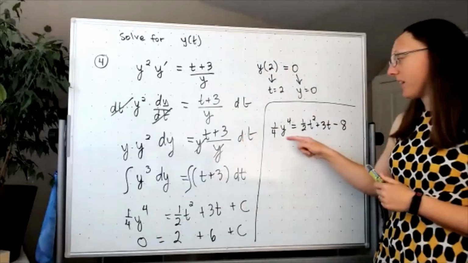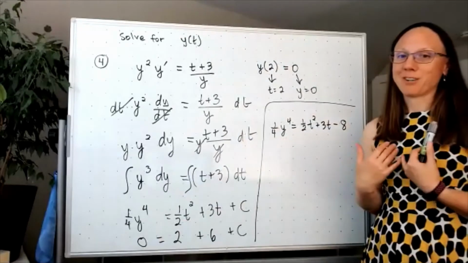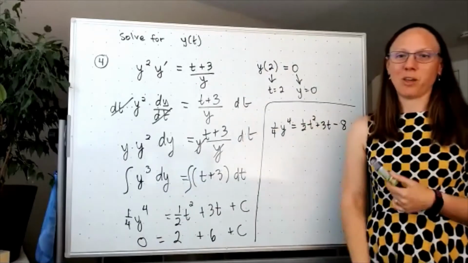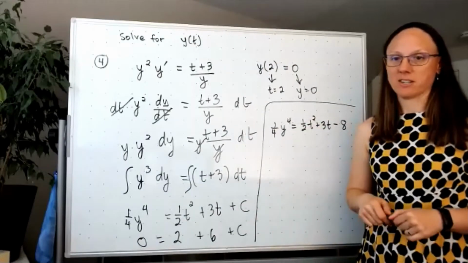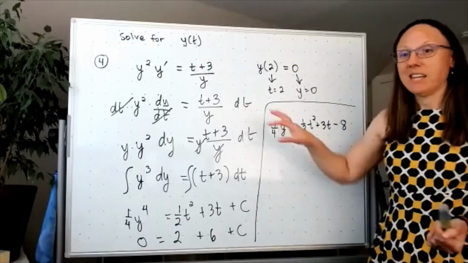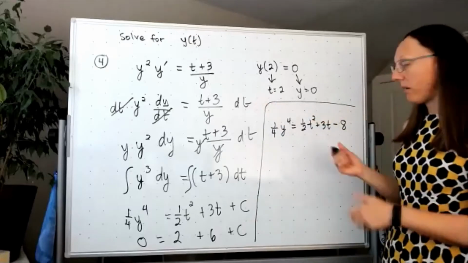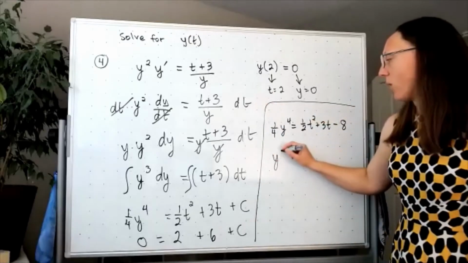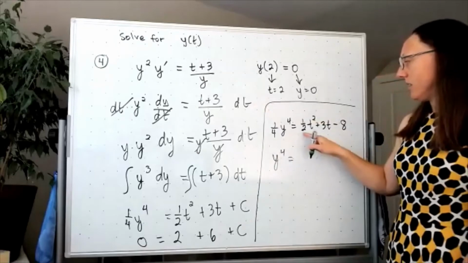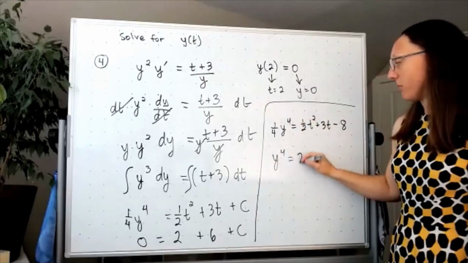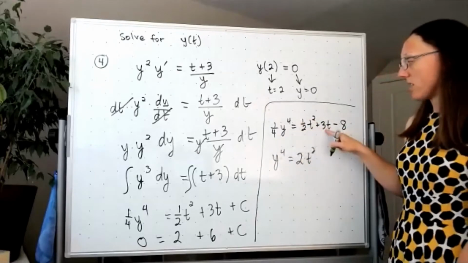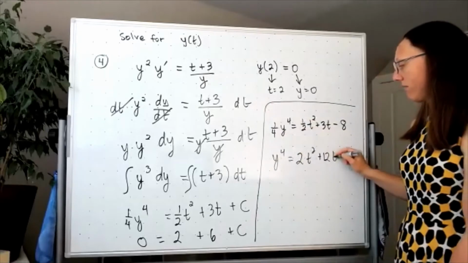Then, if I'm going to get the y by itself, personally, I got fractions. I'm multiplying by whatever gets rid of those fractions. In this case, 4. So if I multiply the entire thing by 4, I've got y to the 4th, 4 times a half will give me 2. 4 times 3 will give me 12.